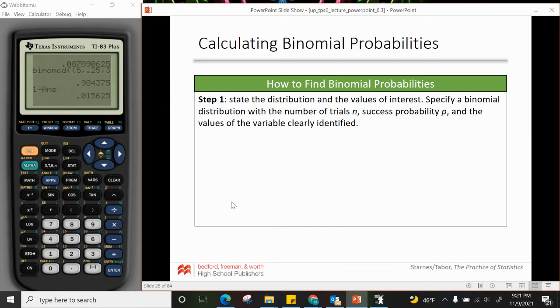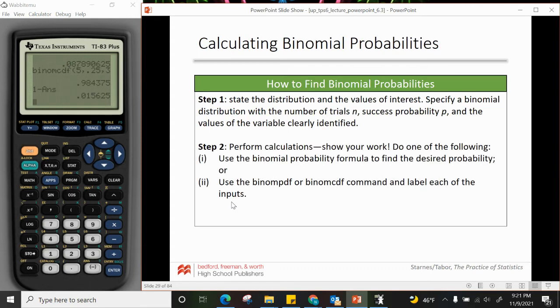This is a binomial distribution. It's not a bad idea to define BINS, like check it all. Success is they have type O blood, failures they don't. They're independent of each other. The number of trials is fixed at n, and the probability of success is the same, 0.25. It's not a bad idea to state that because you get all the information in.